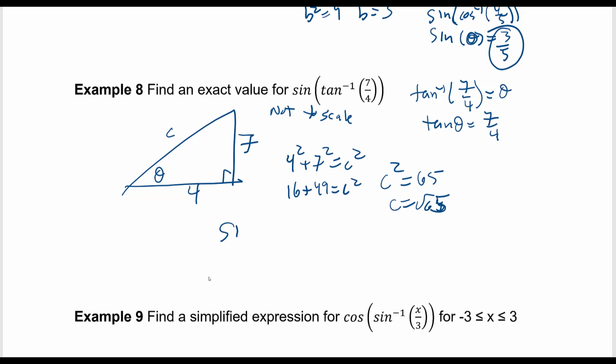So if I wrote sine of tangent inverse of 7/4, that'd be like saying sine of theta, because we just defined this to be theta. Then we can reference this triangle.